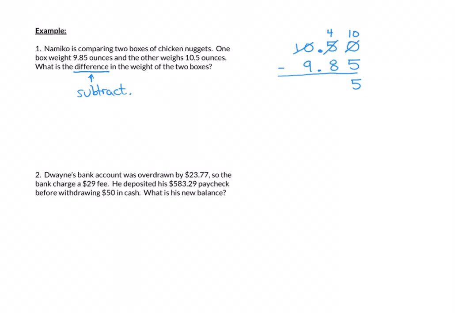Just go and borrow from 10 and make it a 9. And the 4 into a 14. 14 minus 8 is 6. 9 minus 9 is 0. And we bring down our decimal point. Include correct units, and we get 0.65 ounces.